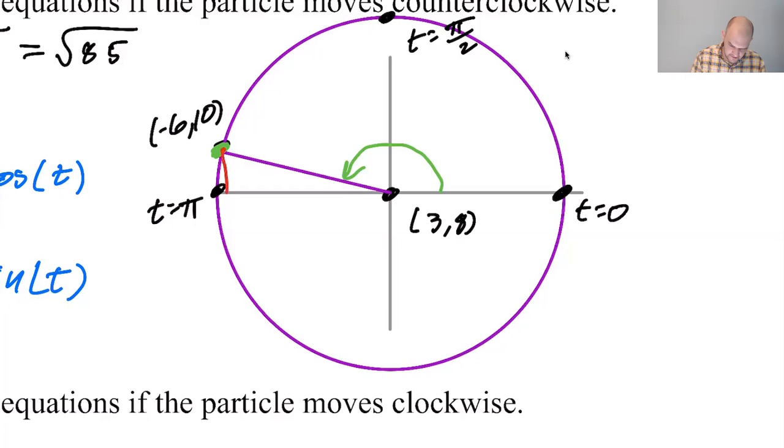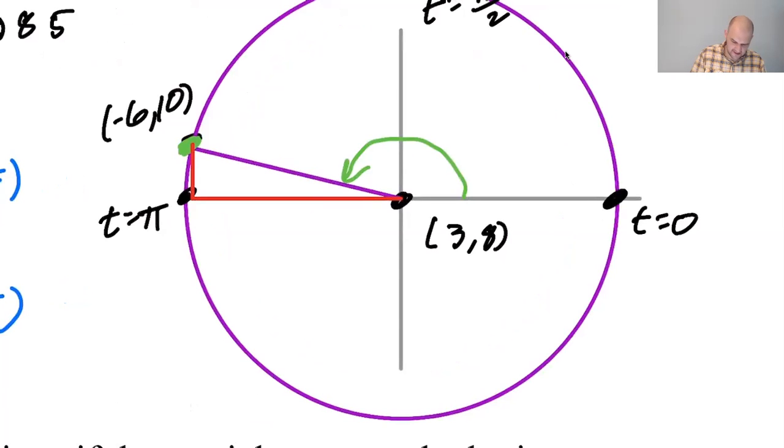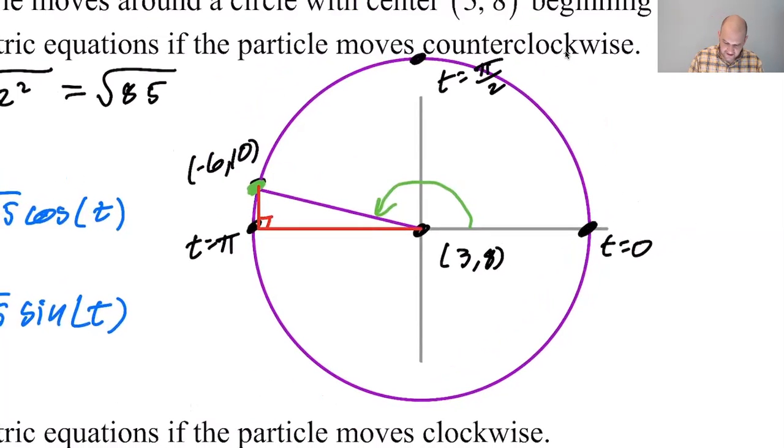So if I go down here, you know what I'm talking about, right? Here, there to there. Okay, so this is a right triangle, and I can use that to find the reference angle.